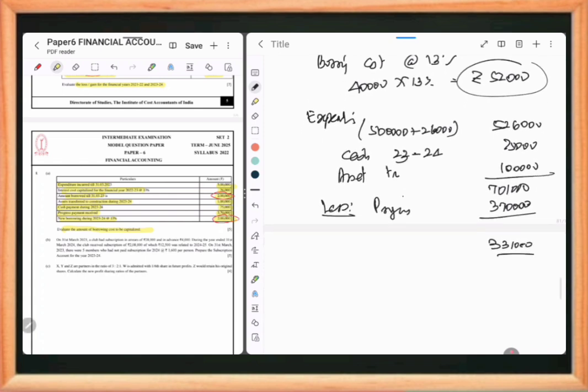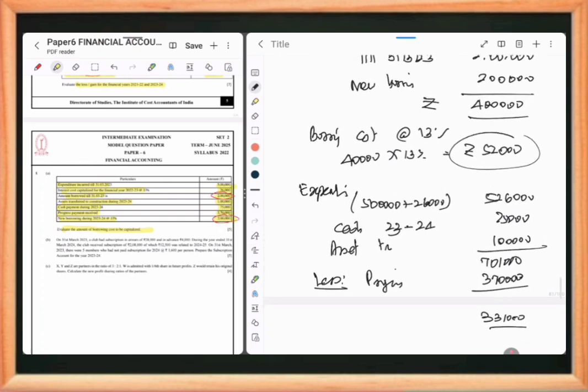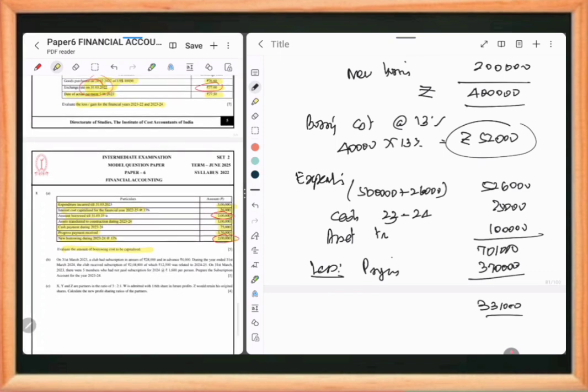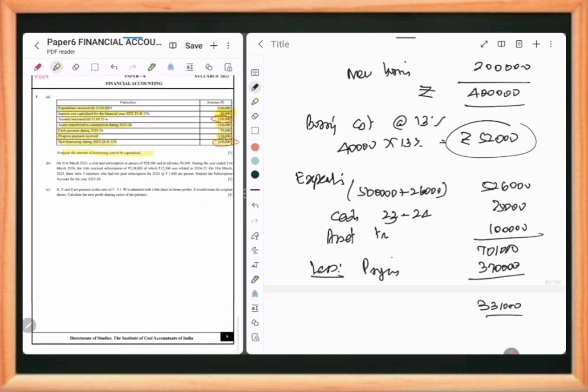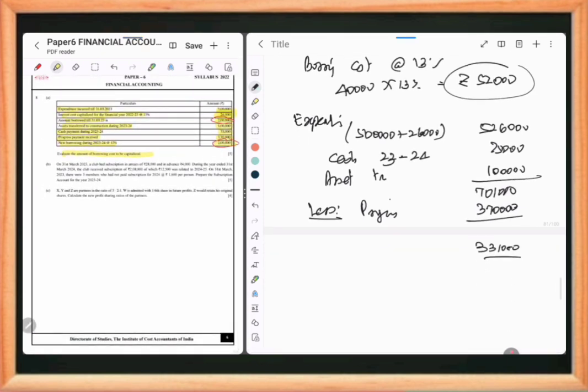So what is the actual amount? Here, the estimated cost is 4 lakh, and the interest cost capitalized for 2023 is 26,000, that is 4,26,000 total amount.